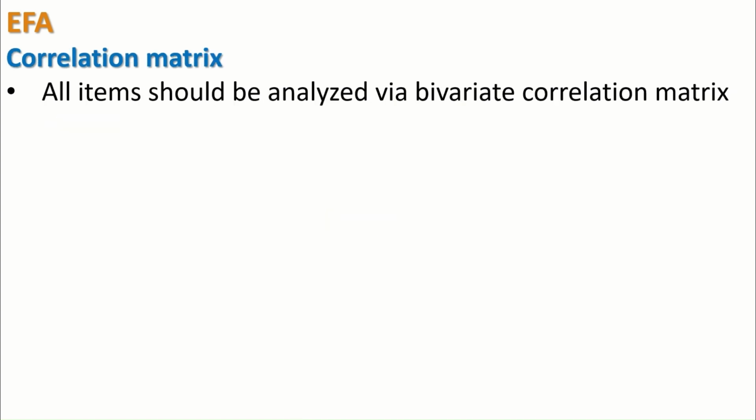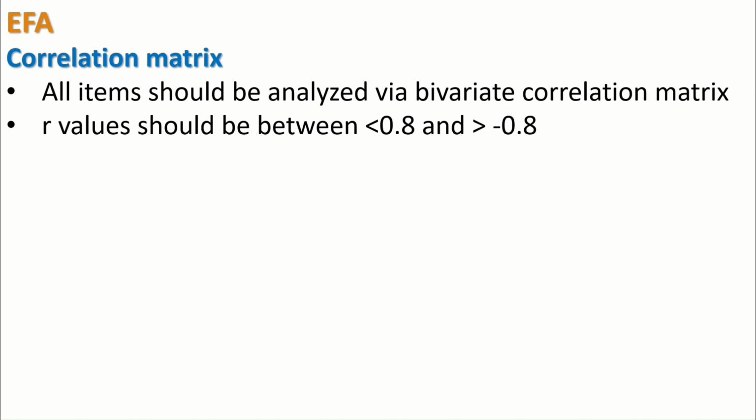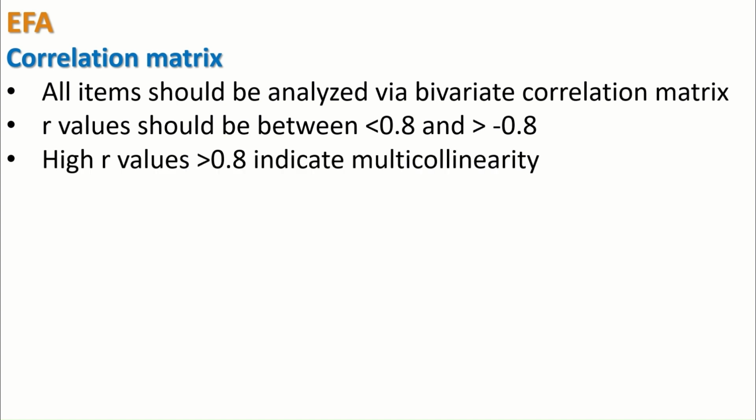When performing the EFA on data, a correlation matrix will be produced, and the items within this matrix should all be analyzed via the bivariate correlation matrix. The value for the correlation coefficient, which is R, should be less than 0.8 and greater than minus 0.8.